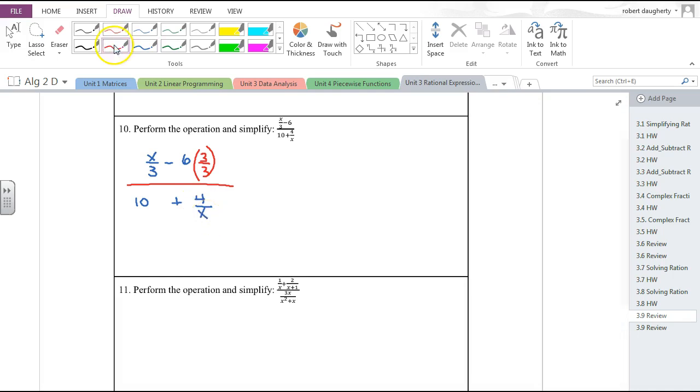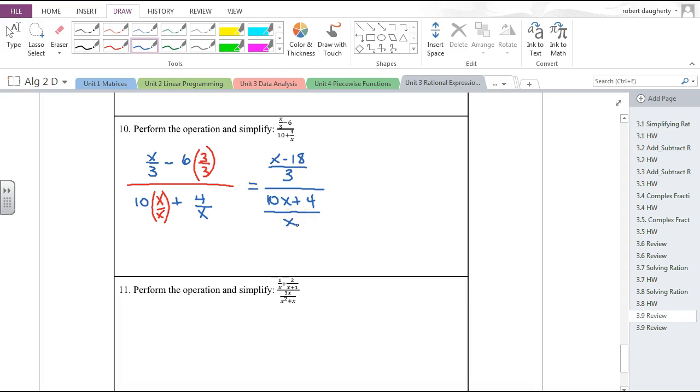Common denominator here will be x, so this term has to be multiplied by x over x. When I do that operation, I'm going to have x minus 18 over 3 divided by 10x plus 4, all of that divided by x.